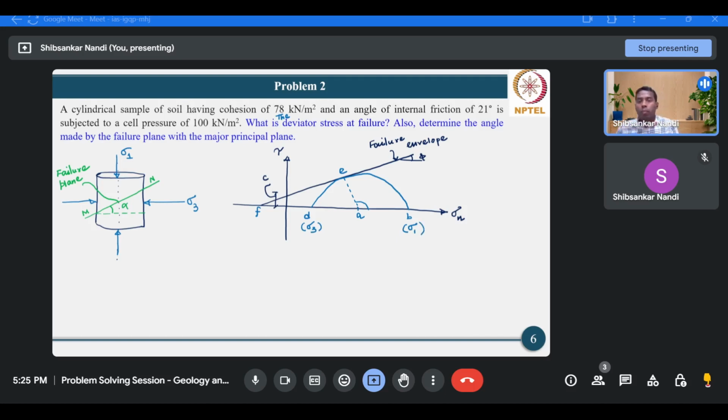Please keep in mind that right now we are addressing the condition of failure, so the Mohr circle is touching the failure envelope.